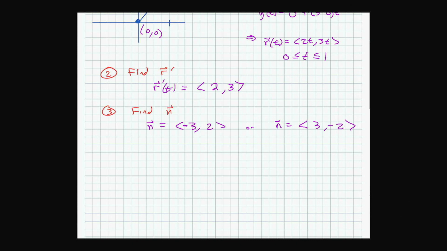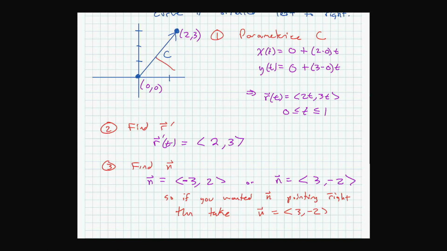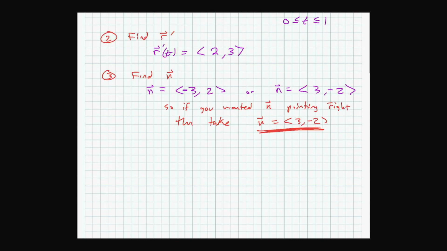You use whichever one you wanted. So if you wanted it pointing to the right, for example, you would take the second one. Why do we want it pointing right? Nobody said we did, but it could be pointing to the right. I mean, we have two choices, right or left. So it could have been one or the other. I'll just take this one.